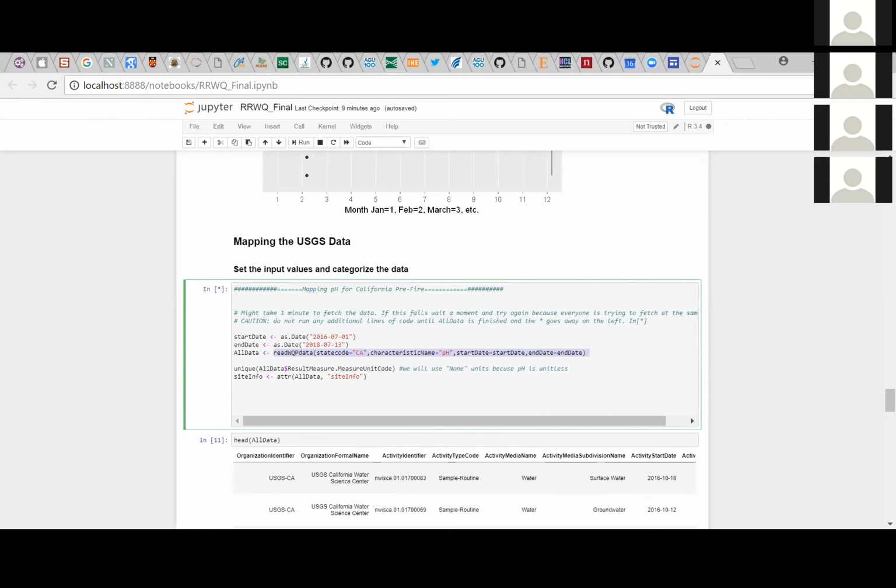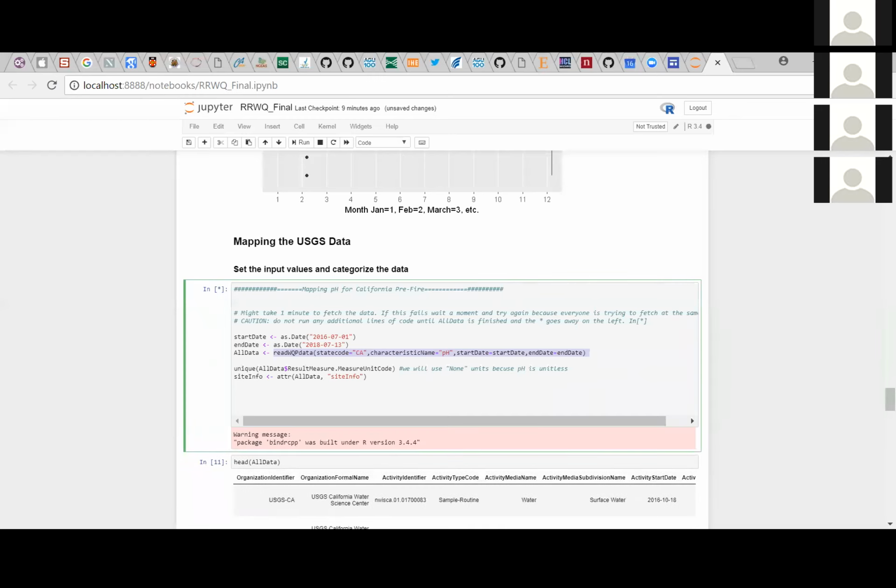And so you can see up in the left side where the little star is, it's running, and it takes a little bit of time because there's quite a bit of data. So I mentioned here in my comment that it could take a minute to fetch, and if you have an even larger data set, like if we ran this for a few years, that would be longer.